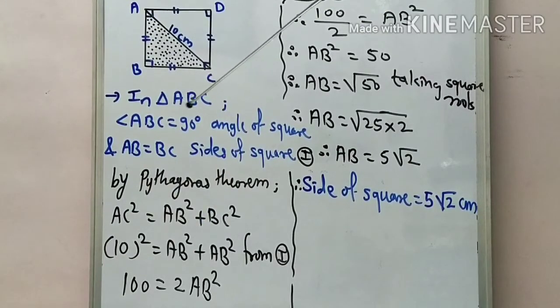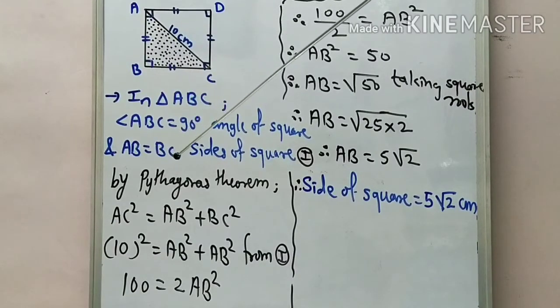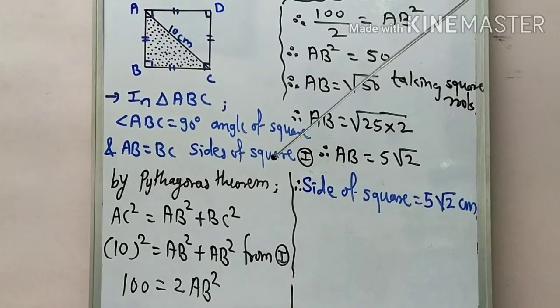Here we first write down that in triangle ABC, angle ABC is 90 degree, because it is the angle of a square, and also AB equal to BC, the sides of the square. Then by Pythagoras theorem, in right angle triangle ABC, hypotenuse square equals the sum of squares of the remaining two sides.